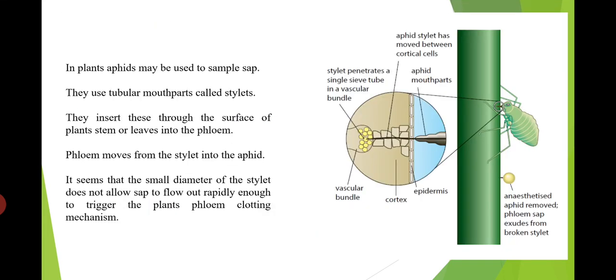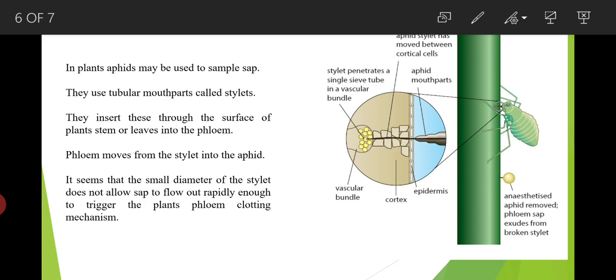But how is it possible, in nature, to collect the phloem sap, the contents inside the phloem vessels? You can see in the picture a phloem vessel which contains different substances or solutes.